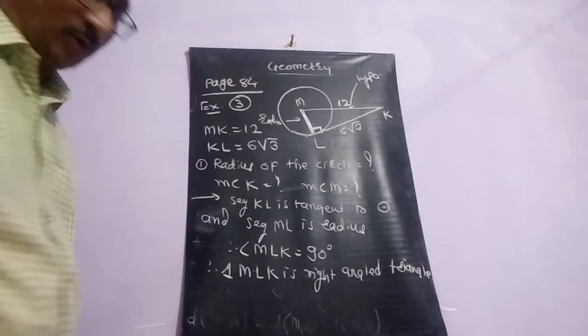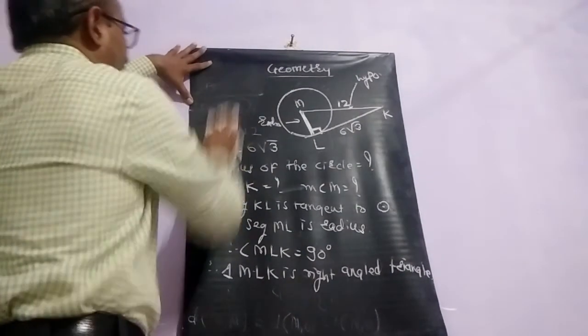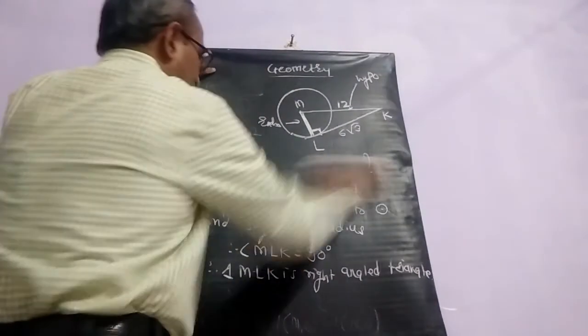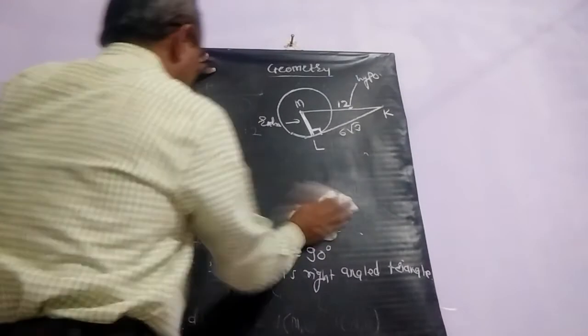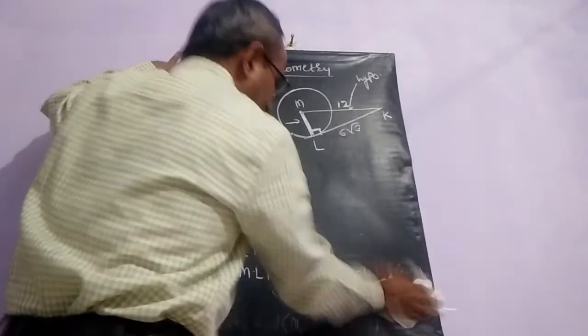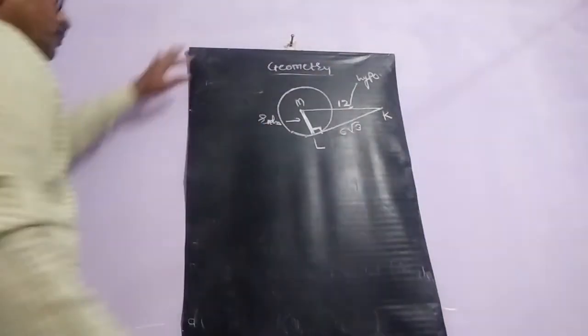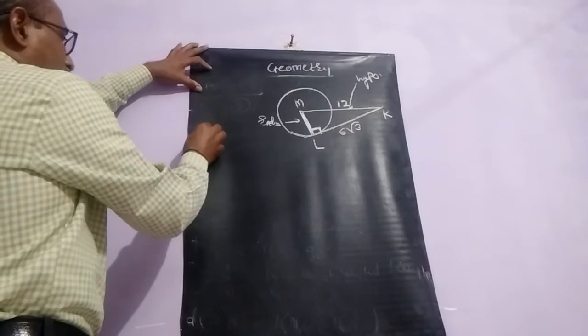So by Pythagoras theorem we can find out this distance. Apply the Pythagoras theorem. So this is the hypotenuse.